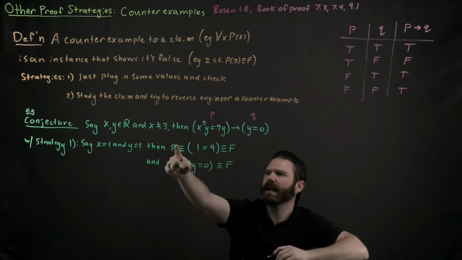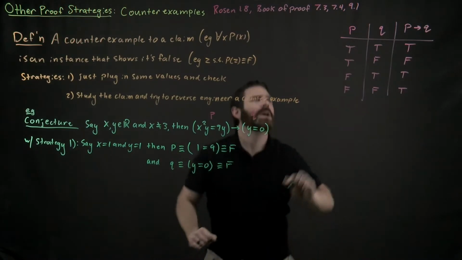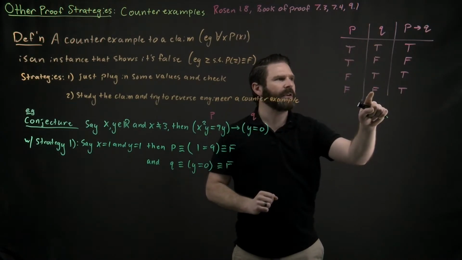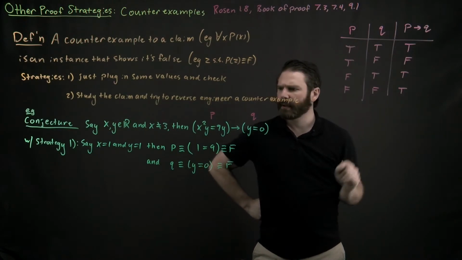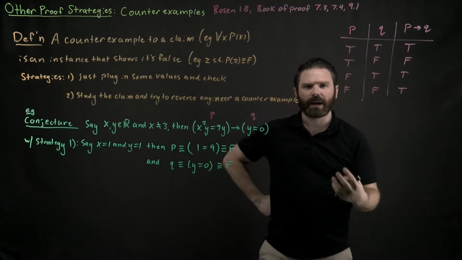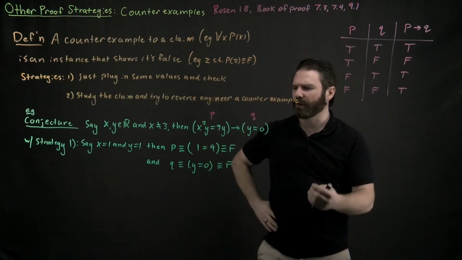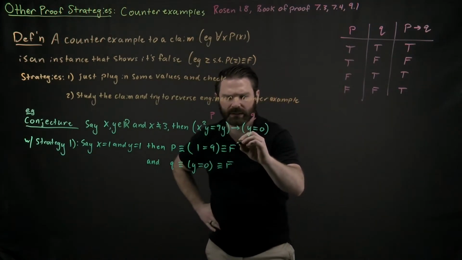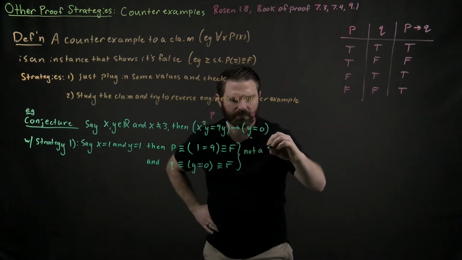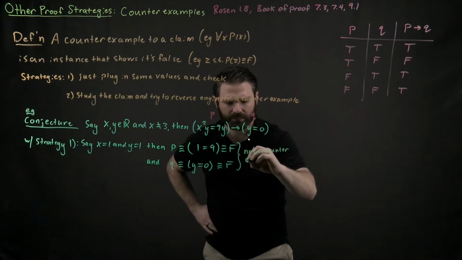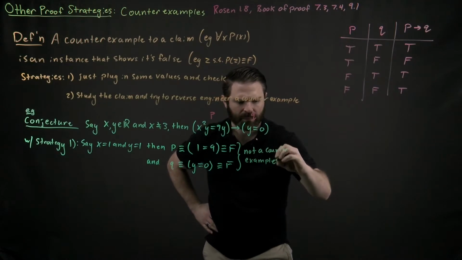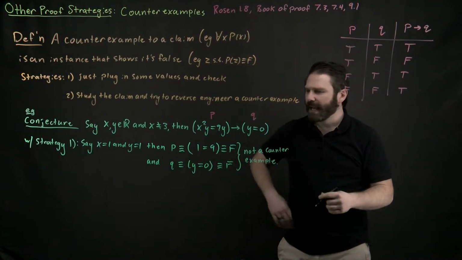So what do I have? I have P is false and Q is false. Well, if P is false and Q is false, darn it, my implication is true. That is not a counterexample. It does not show that this claim here is false. And you could continue on.